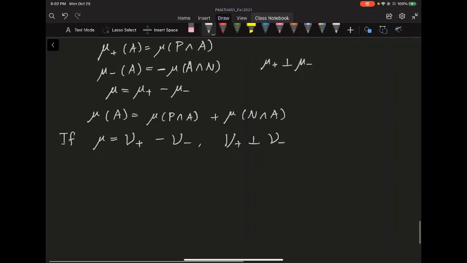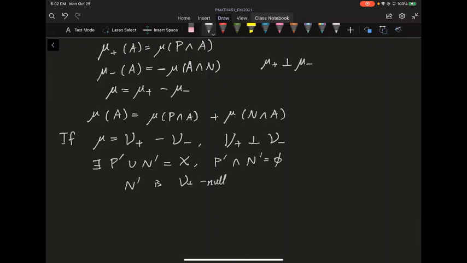Because they're mutually singular, I can find a partition of X, let's call it P prime and N prime, which are disjoint, so that nu plus is supported on the P prime part. In other words, N prime is nu plus null, so nu plus is 0 on the N prime part, and P prime is nu minus null.